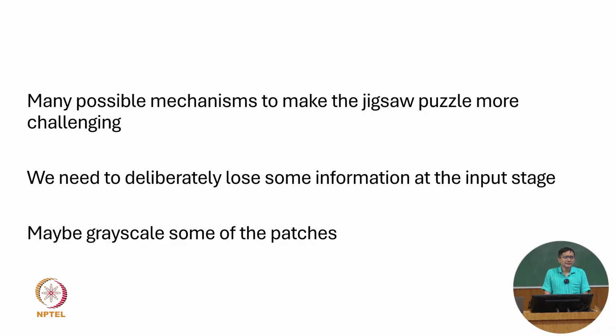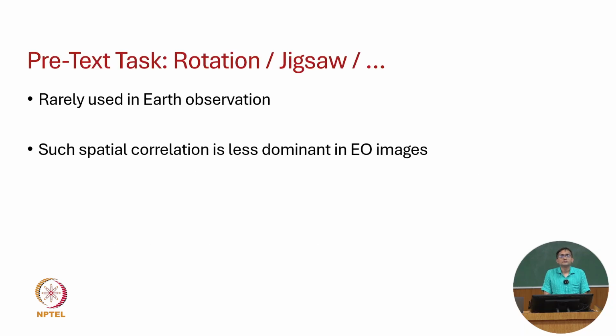Similarly, there can be other ways also to make this task more difficult, however, not so difficult that it becomes impossible to predict. So as we have already briefly touched upon, the pretext tasks like rotation are rarely used in Earth observation.